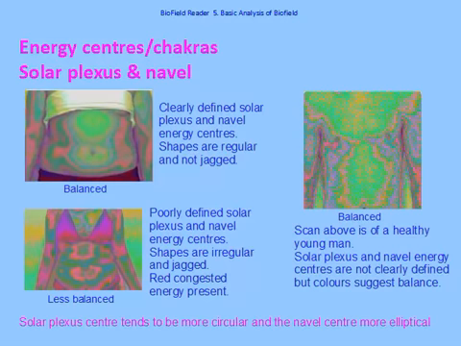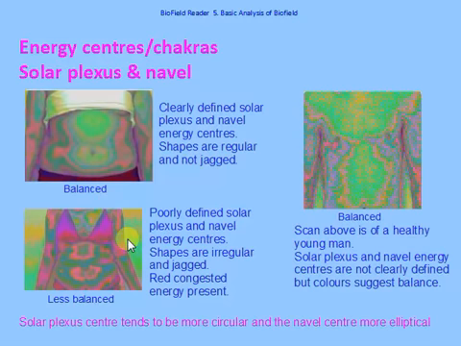Now looking at the solar plexus and navel energy centres, on the left here at the top we've got a good example of solar plexus and navel centres which are regular, not jagged, vibrant green. So the solar plexus centre tends to be more circular and the navel centre more elliptical when they're balanced.